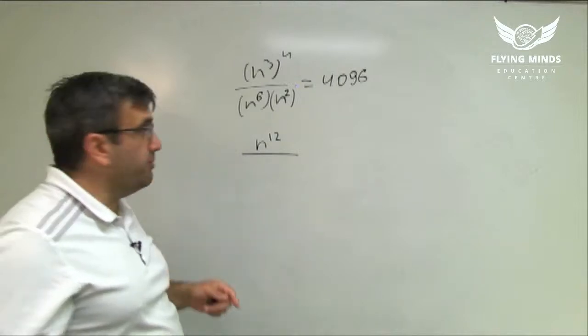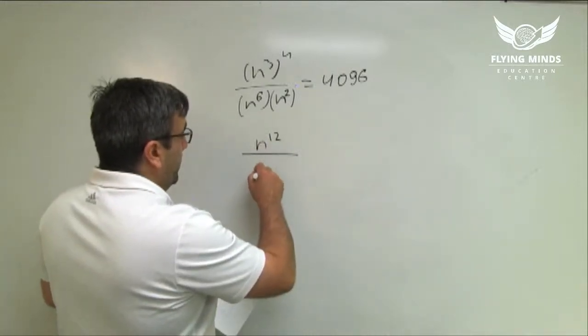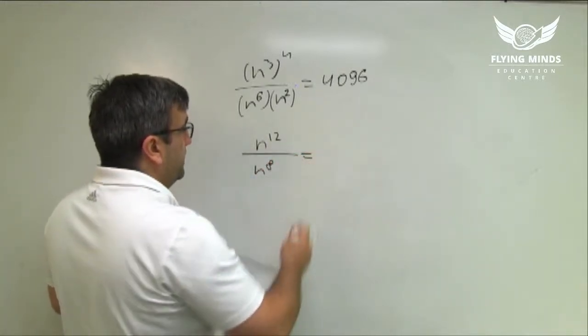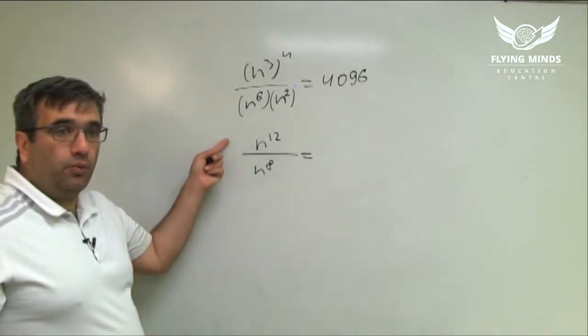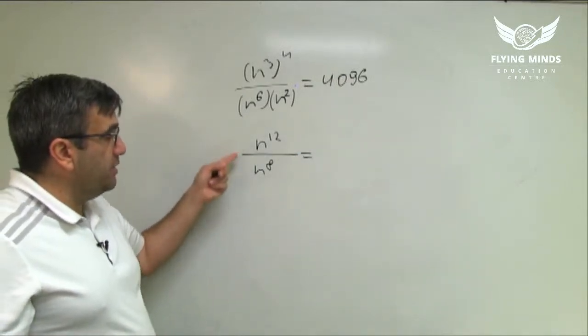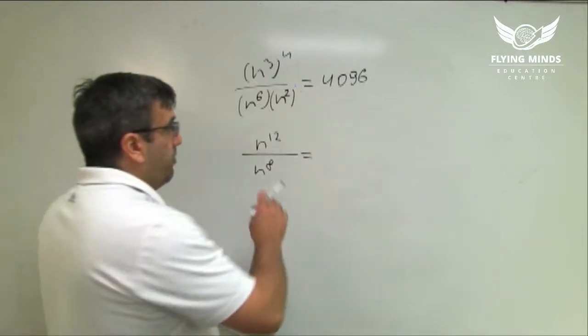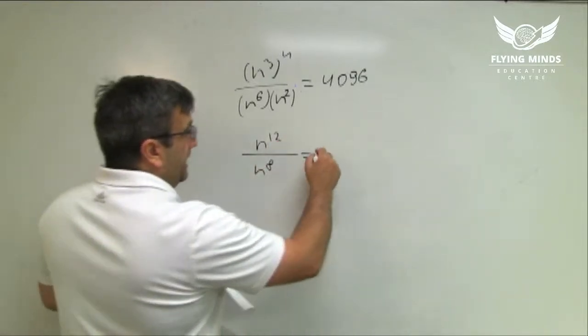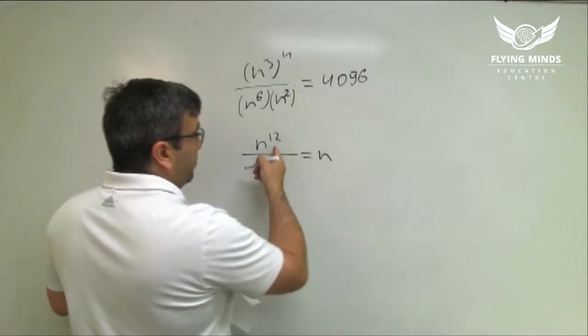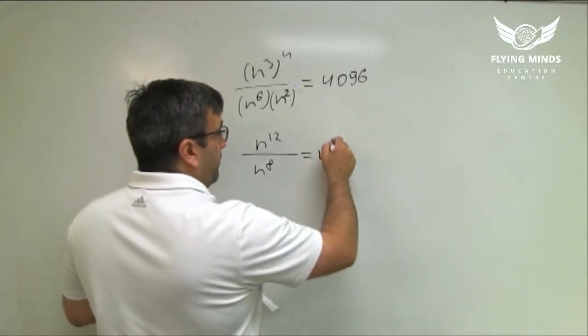We add exponents, right? So it will be n to the power of 8. Now, what happens when we divide two numbers with the same base with different exponents? We subtract exponents, right? So it will be n to the power of 12 minus 8, which is 4.